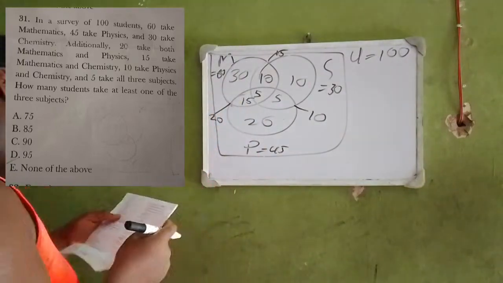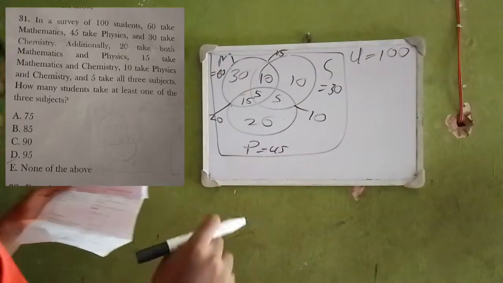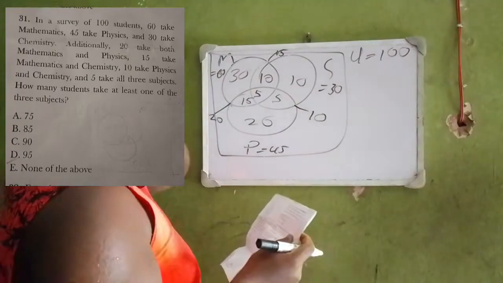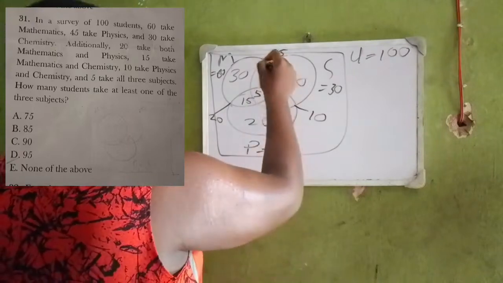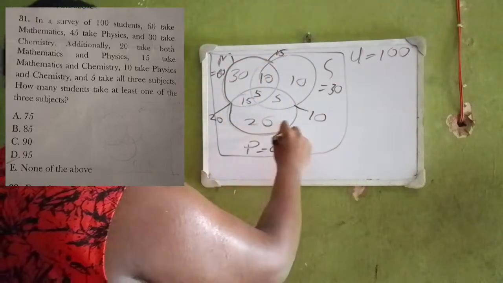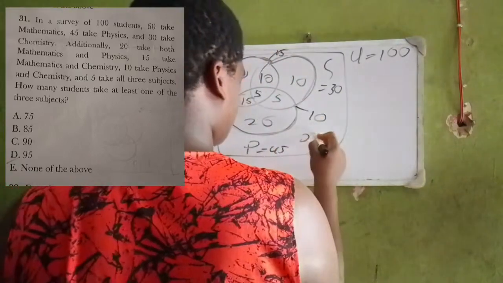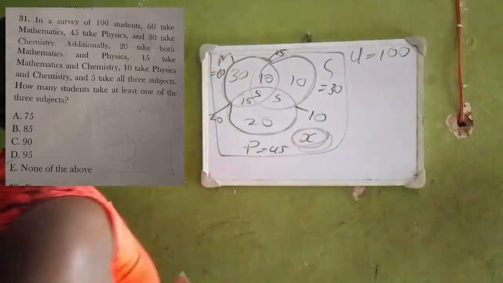Now the question says, how many students take at least one of these 3 subjects? That is the number of students inside this shape. That means there will be a number x that does not take any subject at all.